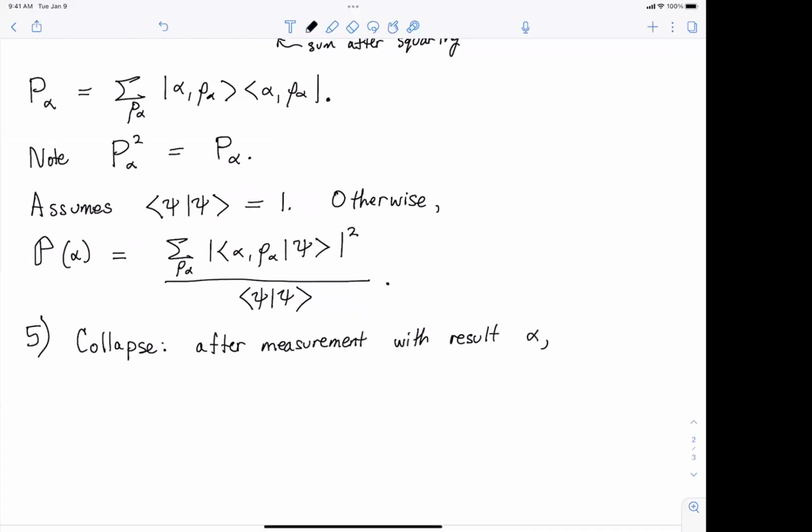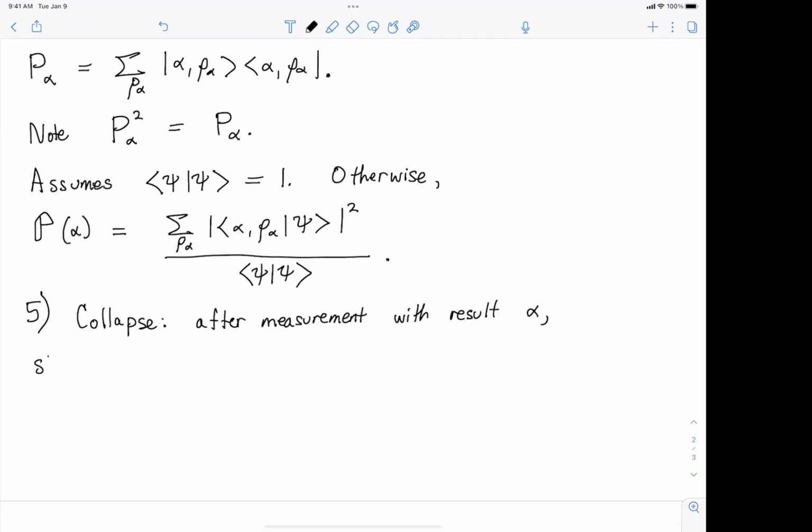Since there are often more than one different alphas that you can get, you might have to analyze a problem from the point of view of many different alphas. In any case, the state after the measurement is given by the same projection operator acting on psi.